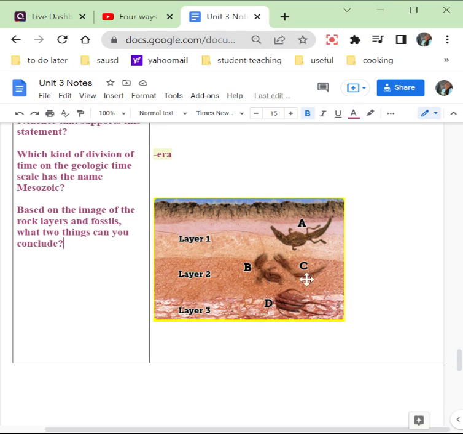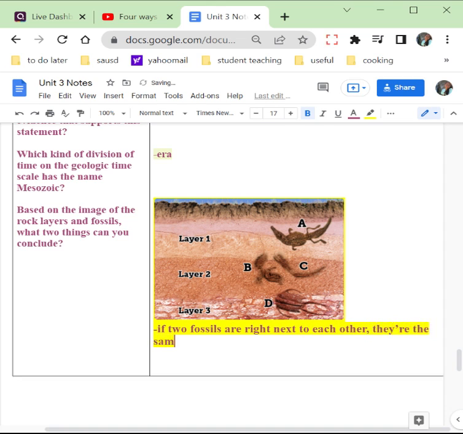Oh, one thing I do want to note is that if two fossils are right next to each other, they're the same age. And if they're higher up, then they're younger.